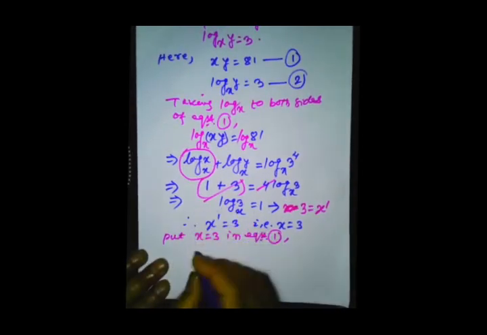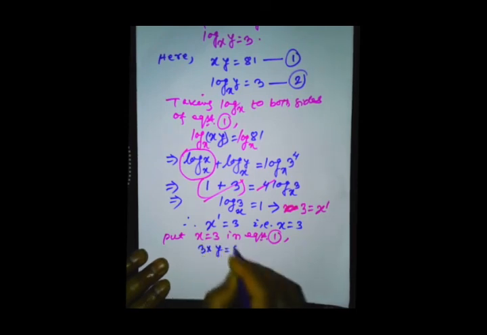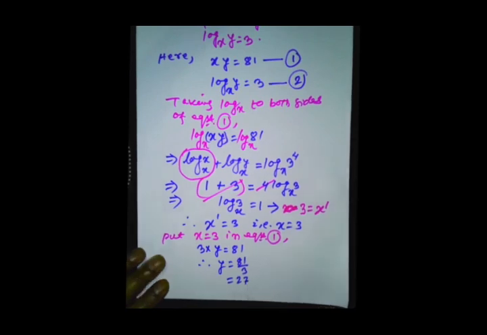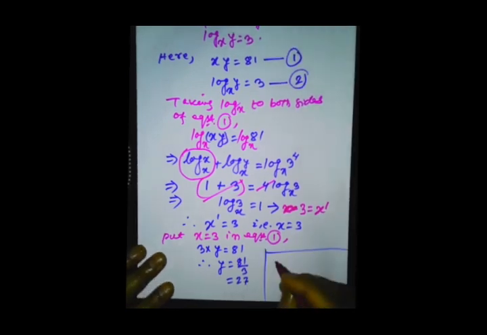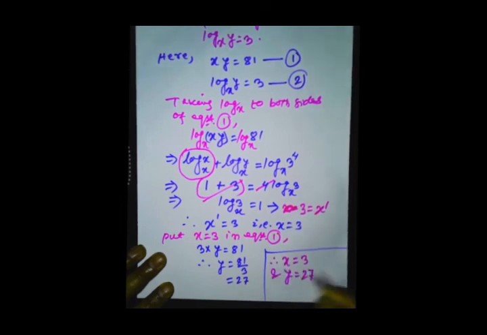From equation 1, the x value is 3, so I write here 3 times y equals 81, and therefore our y is going to be 81 divided by 3, and when you divide 81 by 3, it's going to be 27. Therefore the value of x is 3 and the value of y is 27, and this is our answer.